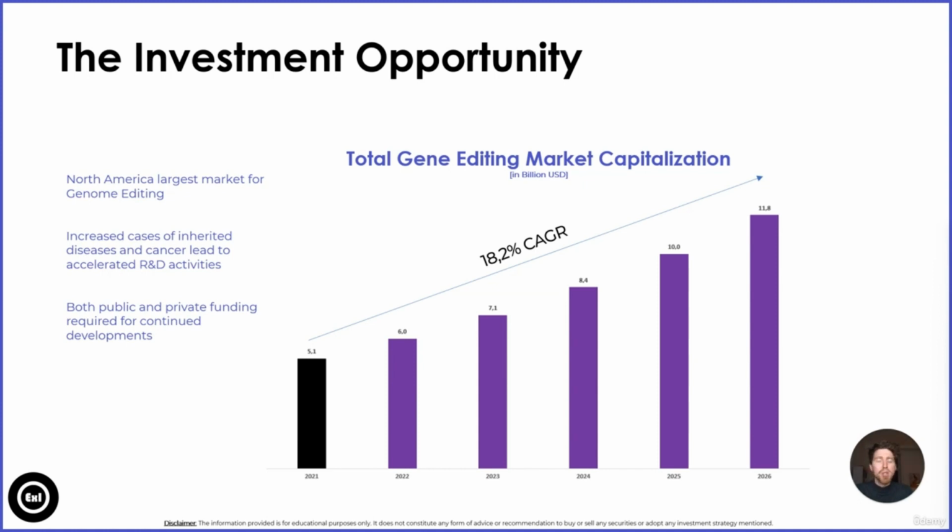There are the majority of the gene editing companies located. Unfortunately, all over the world, we see increasing cases of inherited diseases and cancer. And this leads to accelerated activities within the genome editing space, which simply make it more necessary and more important to make progress in this field.